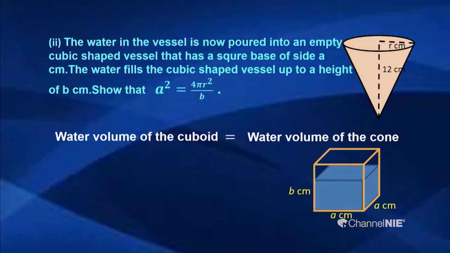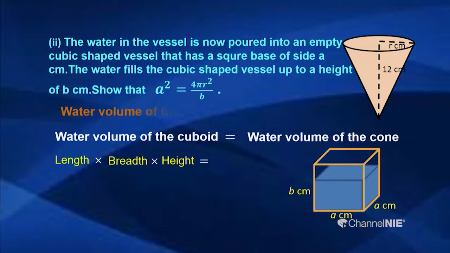We poured that same water volume into that cuboid also. Then the water volume of the cone and the water volume of that cuboid are the same, right. So, the water volume of the cuboid is equal to the water volume of the cone. Then how do we find the water volume of the cuboid? The method is, we know the simple one, again I will explain that: length into breadth into height.